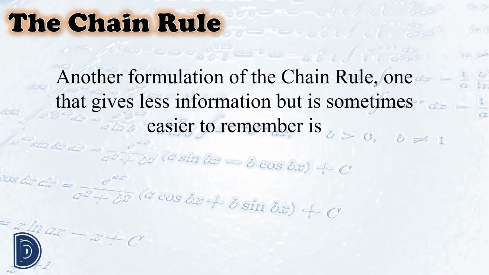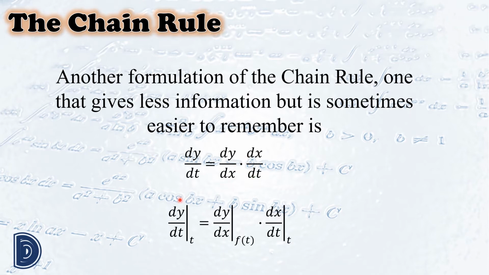The virtue of the formulation of the equation in the previous slide is that it tells how each derivative is to be evaluated. Let us have another formulation of the chain rule, one that gives less information but is sometimes easier to remember. The derivative of y with respect to t is equal to the derivative of y with respect to x times the derivative of x with respect to t.